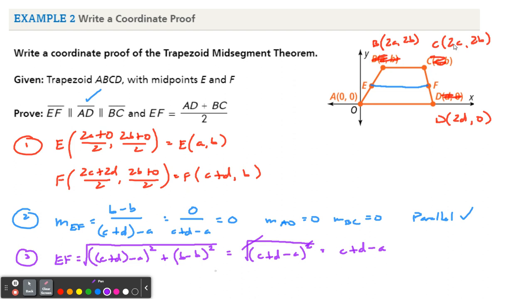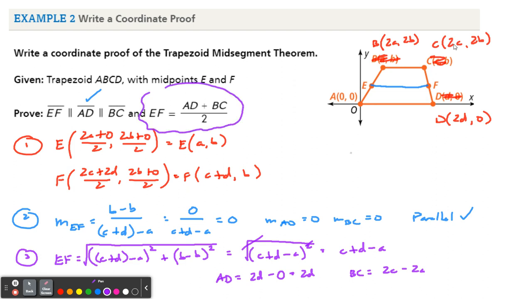So to find the length of AD, I'm going to take the x of D, 2D, and subtract 0, which is the x of A, and that's just 2D. And to find the length of BC, I just have to take the x of C and subtract the x of B, which is 2C minus 2A. And now what I will do is use this formula.